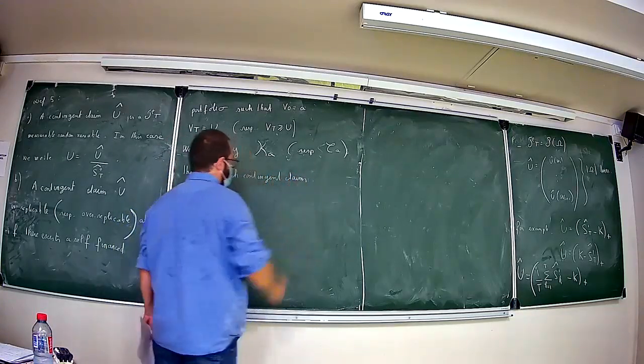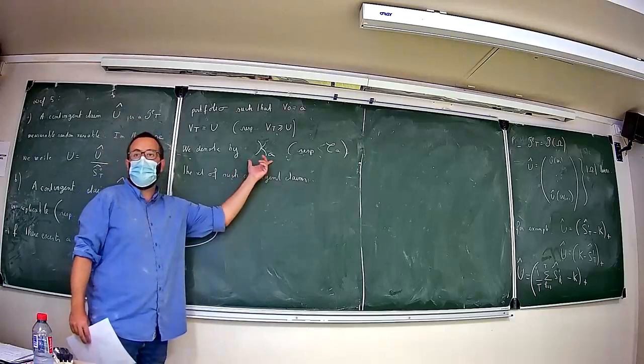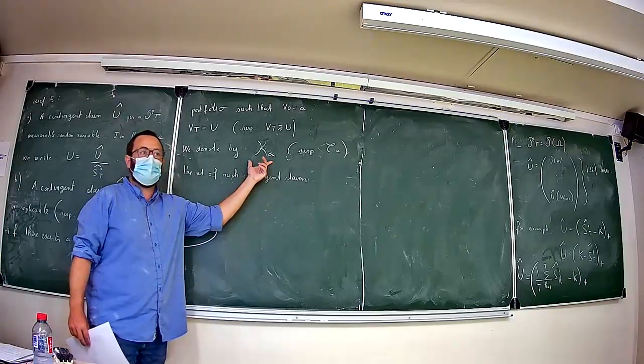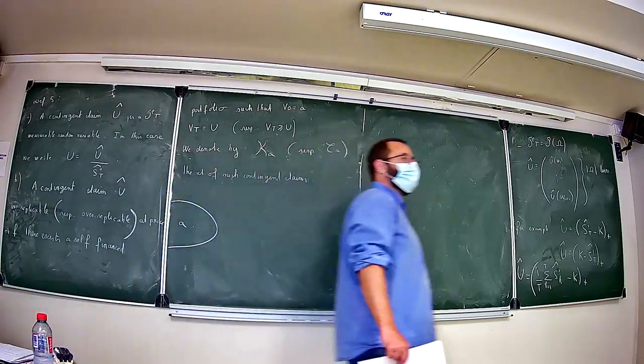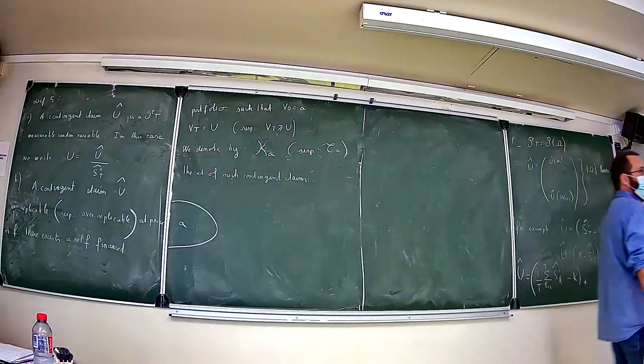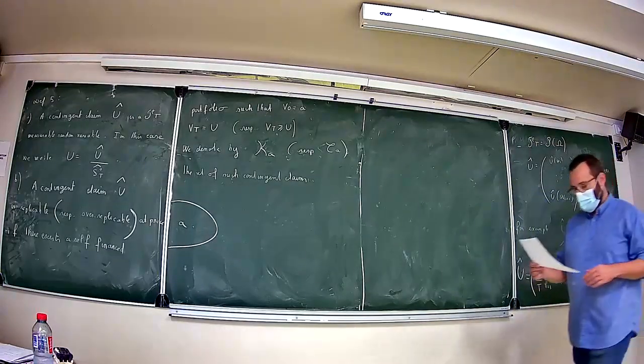I just introduced notation. So this is the set of the contingent claims that will be replicable at price a. This is the set of the contingent claims that will be over replicable at price small a.